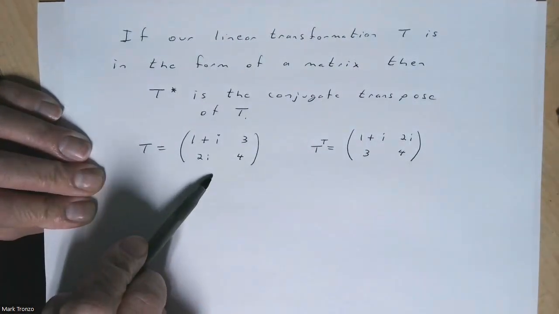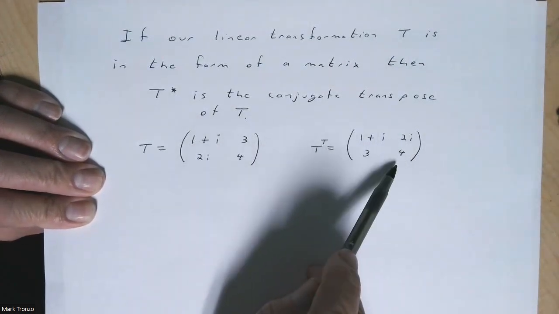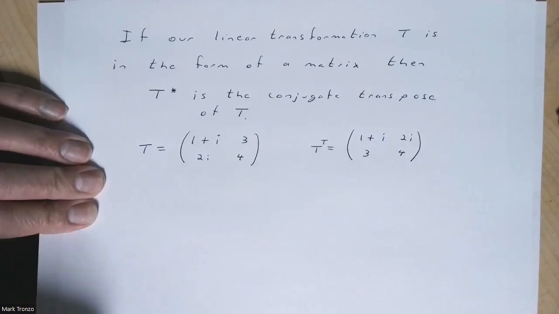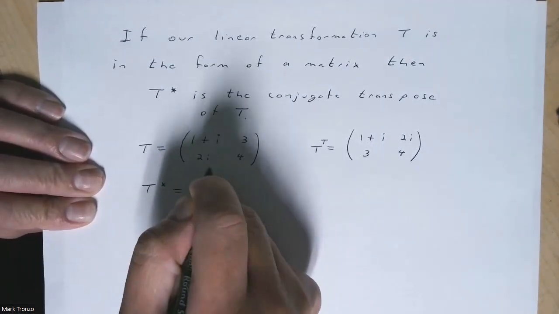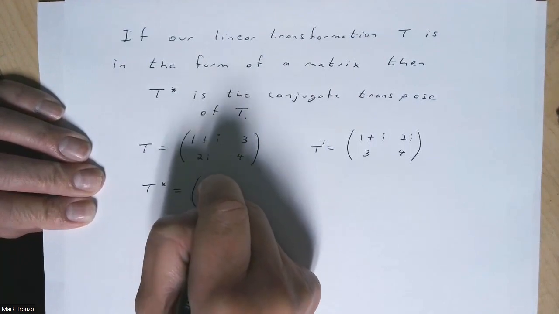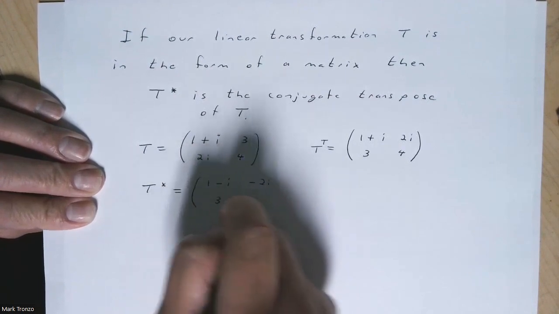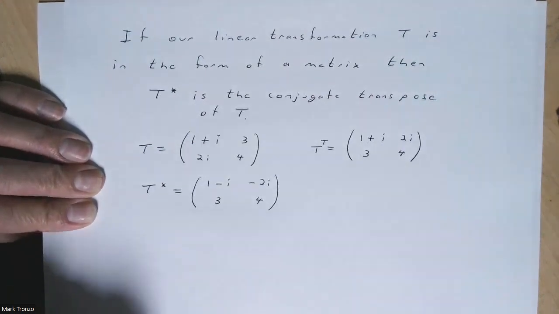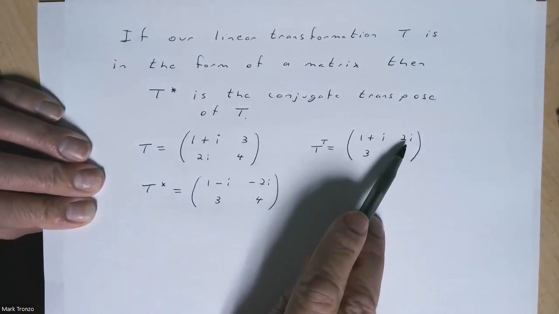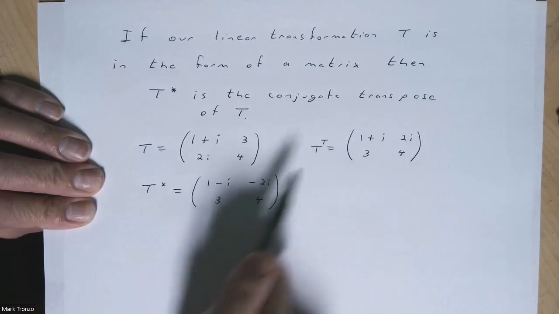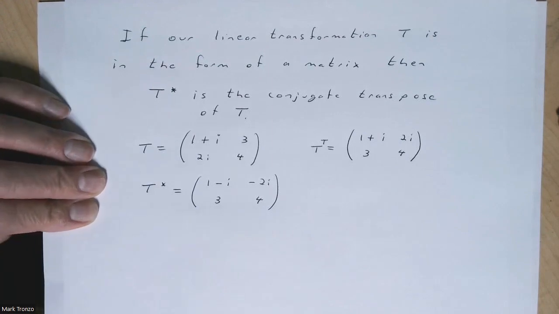So the first row, when we take the transpose, becomes the first column. Second row becomes the second column, etc. And then the conjugate of that is 1, minus i, minus 2i, 3, 4. Of course, the conjugate means we change the sign of the imaginary part. If we had a negative here, it would have been positive. If the i's are positive, then we change them to negative.